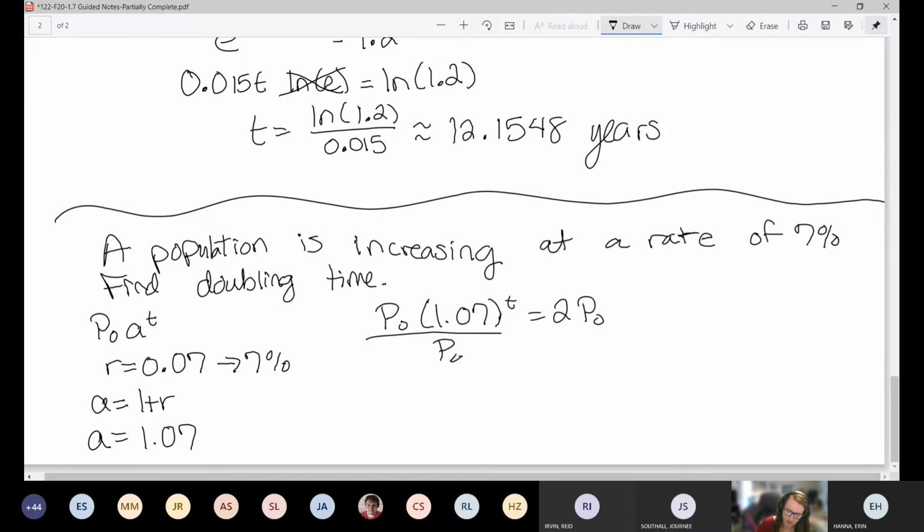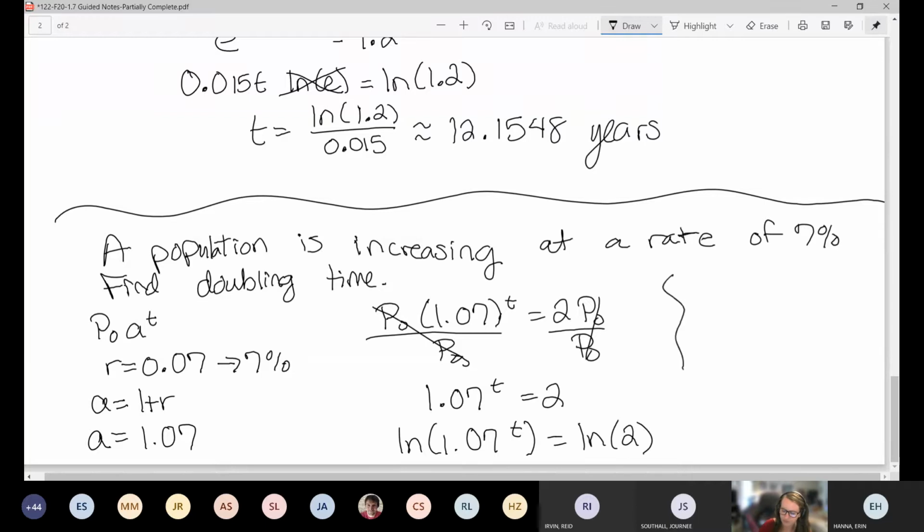So the first step we'd want to do here is divide by P0. And all the P0s go away. That's why we don't need it. So we have 1.07 to the t equals 2. Take the natural log of both sides. Natural logs allow us to bring the power outside.